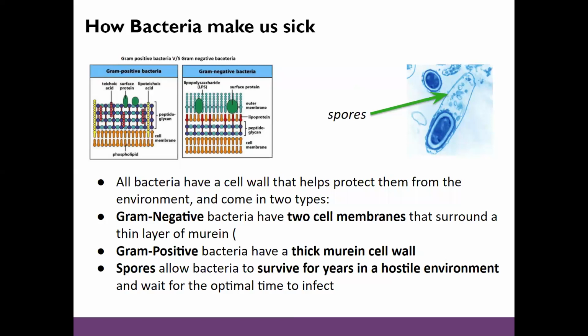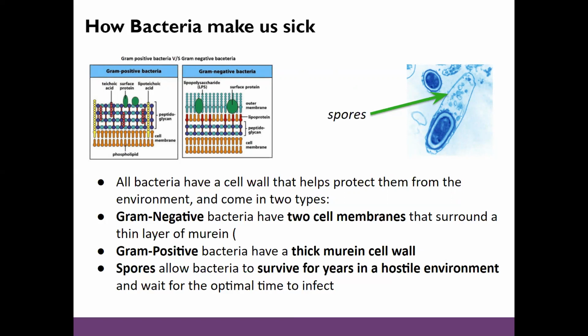Gram-negative bacteria have two cell membranes that surround a thin layer of murein, which is a cell wall. And then the gram-positive bacteria have a thick murein cell wall. The difference between the thin and the thick murein is that the thick murein is more structurally supportive.